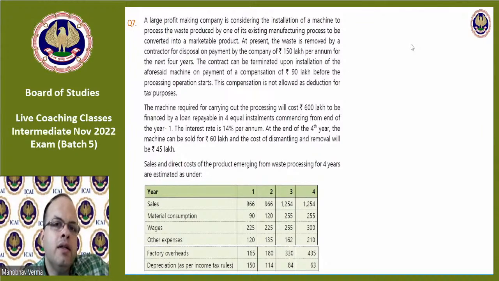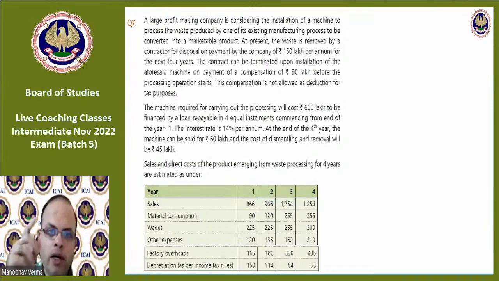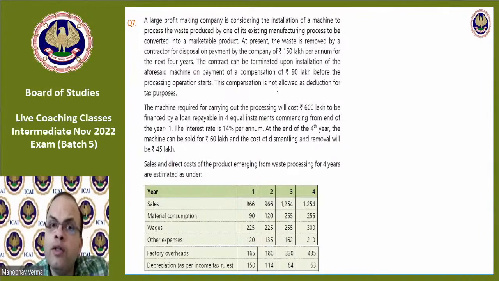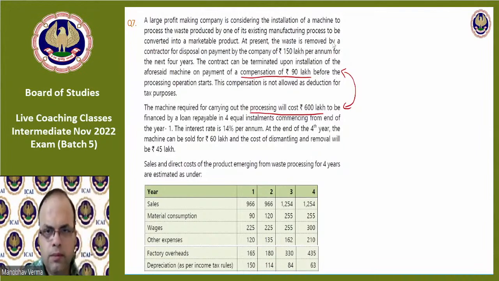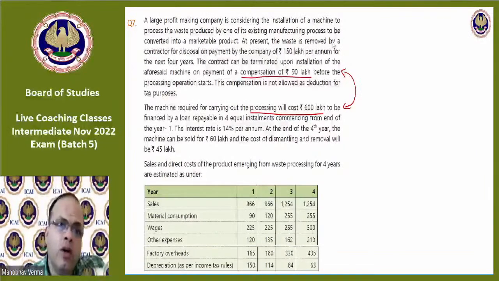One more thing important is, if you want to actually terminate the contract, there is also a requirement of additional compensation of 90 lakhs. But do you agree that if I'm installing a machine, the initial outflow is not only 600 lakhs, but also this 90 lakhs, because this is a penalty, because I am breaking a contract?